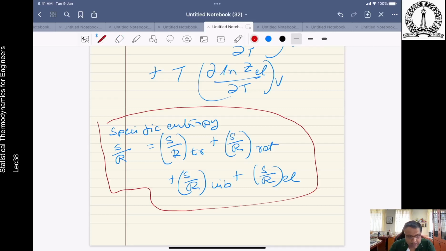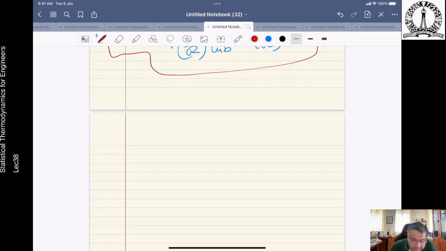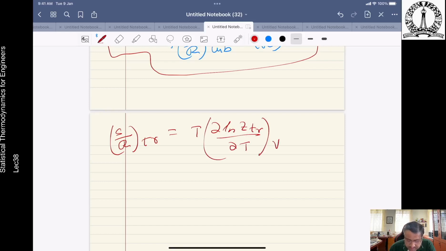Now for the translational mode, S translational over R is written as d ln Z translational/dT at constant V plus ln Z translational divided by N plus 1.